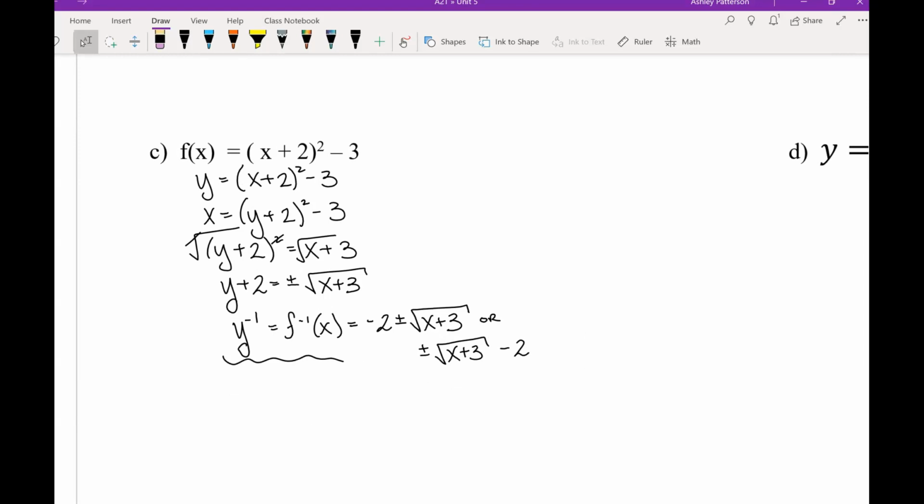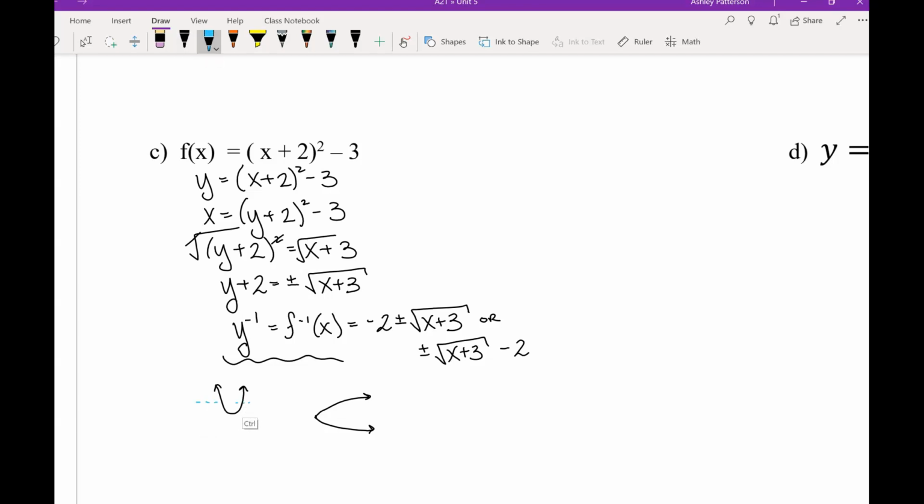Okay, think about what this is graphically, right? It is the positive and the negative of our square root. The positive and the negative, is this a function? No. And think about what a parabola looks like. Its range values repeat, right?